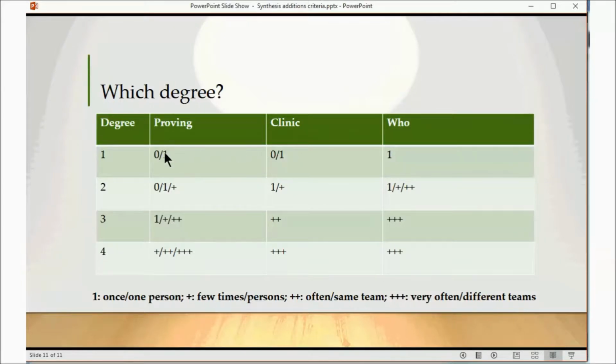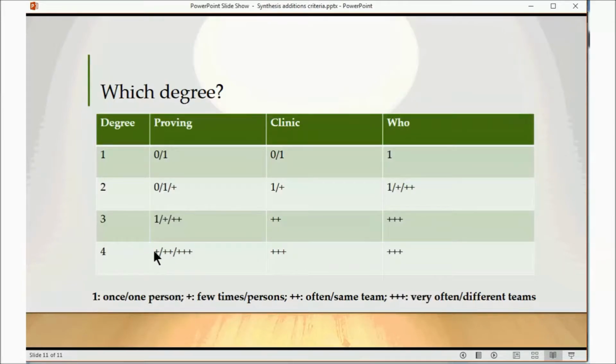Now, for the sake of logic and didactics, I jump to the last line. What is the highest level of confirmation we can have, corresponding to the highest degree, being degree 4, is when many people of different teams have observed many times, very often in clinical cures, that the symptom that was mentioned in the provings a few times, a number of times, or many times, cured that symptom. Okay, this is the maximum.